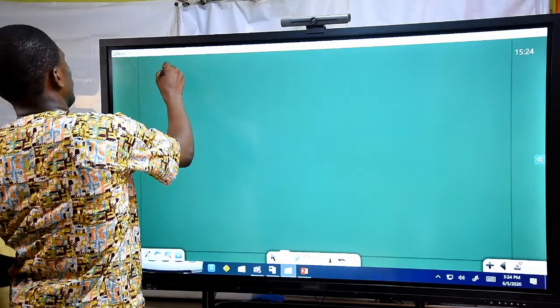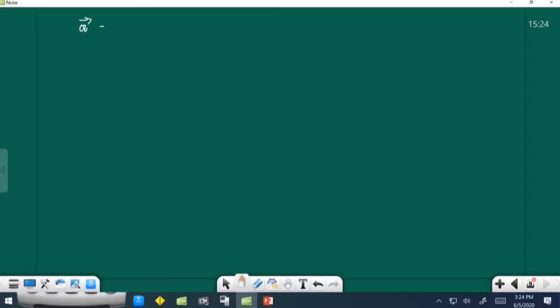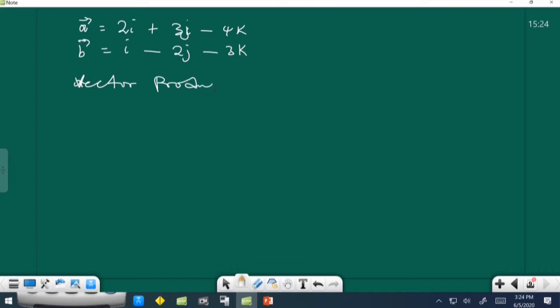When vector A is given by 2i plus 3j minus 4k, and vector B is i minus 2j minus 3k, I want to look at the vector product of A and B. How do you find that?